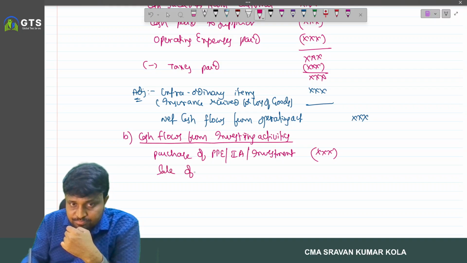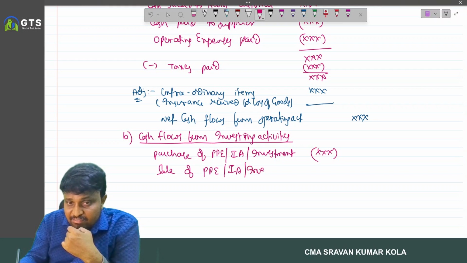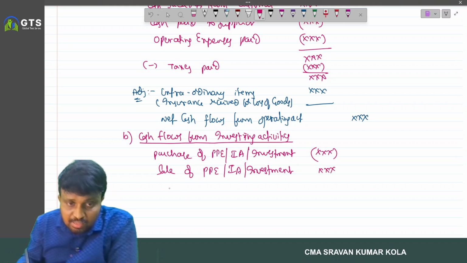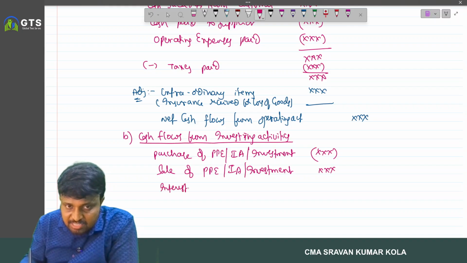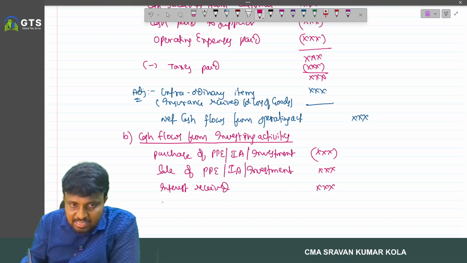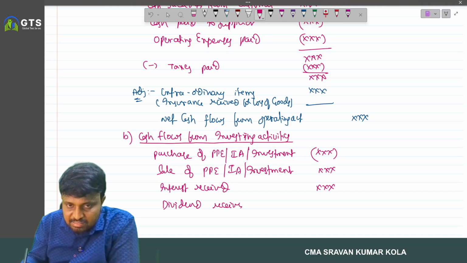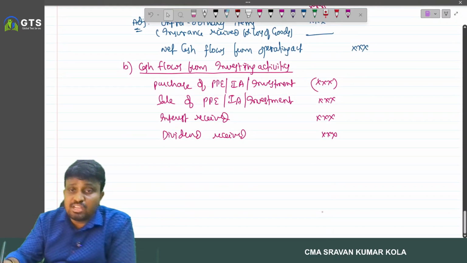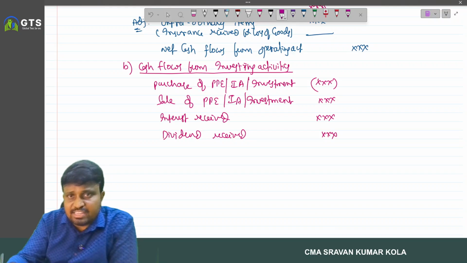And the sale of PPE or intangible assets or investments, again I am repeating, which are not covered under cash equivalent items. And interest received, if any, and dividend received, if any. We have to consider all these items.